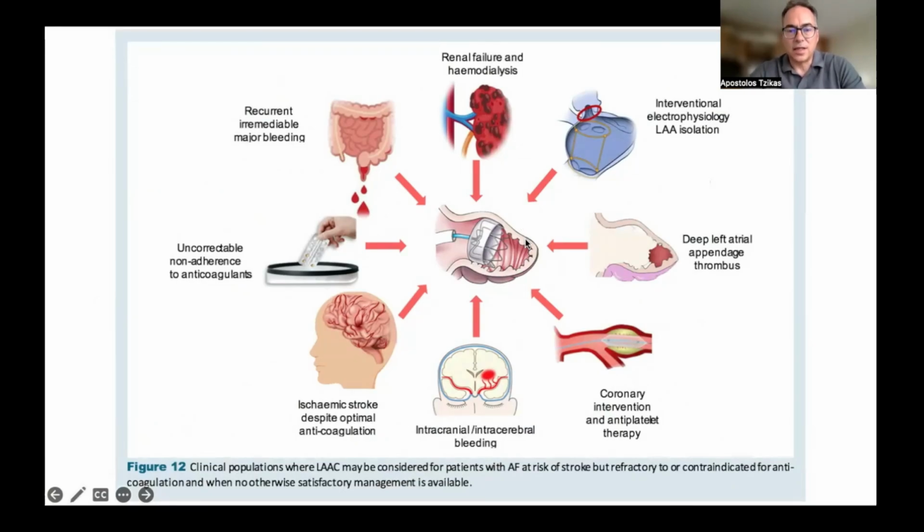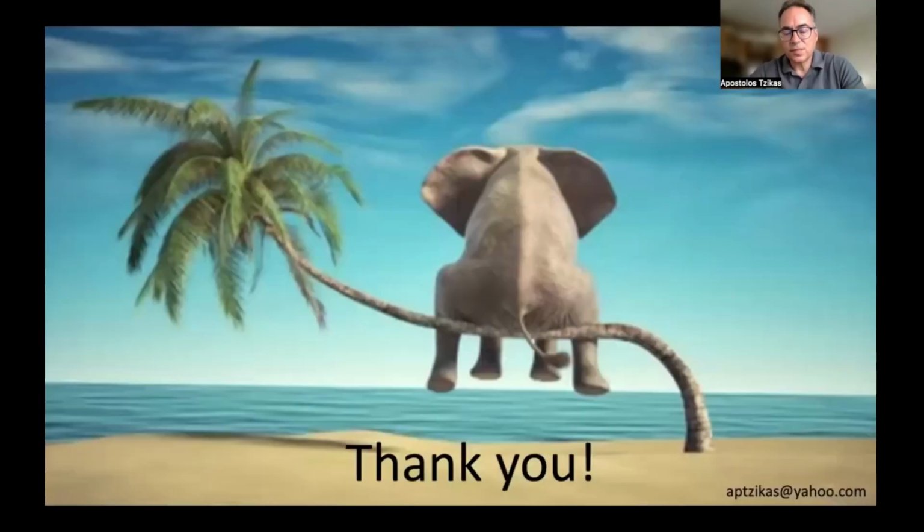These are all potential candidates for LA closure, and we're hoping to send the elephant from the room to vacation, to take the adherence out of the equation.